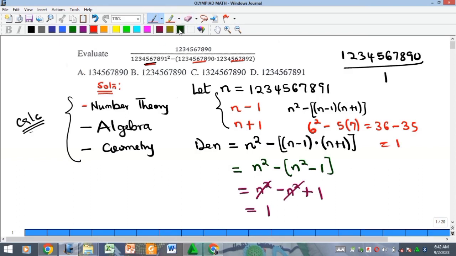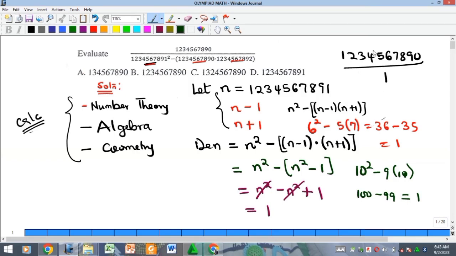Try it with any other number, let's say 10. 10 squared minus 10 minus 1 is 9, multiplied by 10 plus 1, which is 11. Of course, 10 squared is 100, and 9 times 11 is 99, and this is equal to 1. So you see that it works for all numbers.